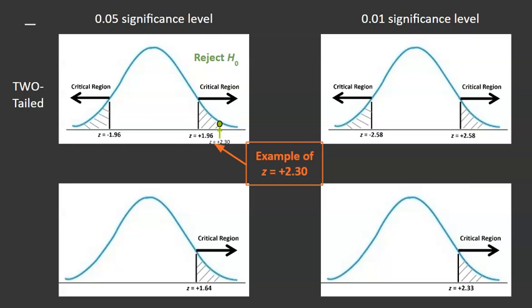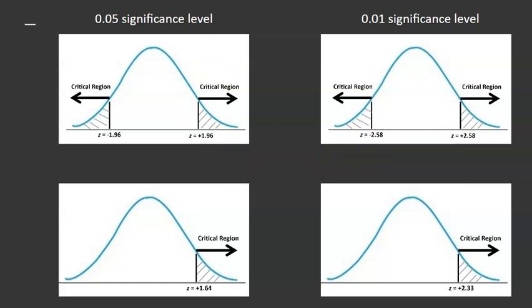Now, let's do this again, but with a 0.01 two-tailed test. Yikes! The sample z-score does not fall in the critical region, and we will fail to reject the null hypothesis. In other words, our study is no longer statistically significant. If you want high statistical power, you will select a 0.05 significance level.